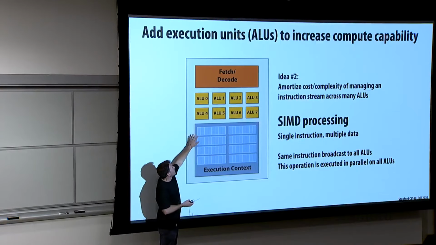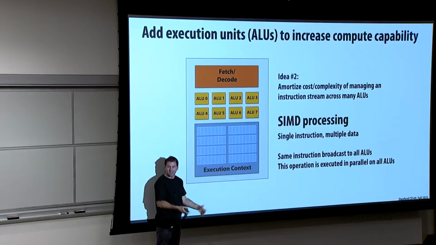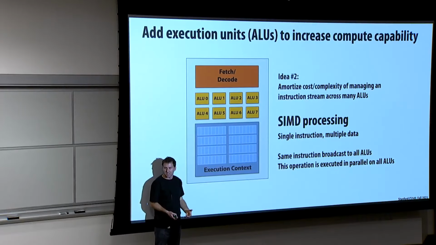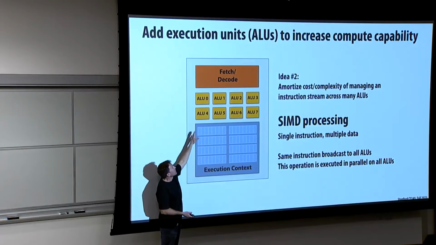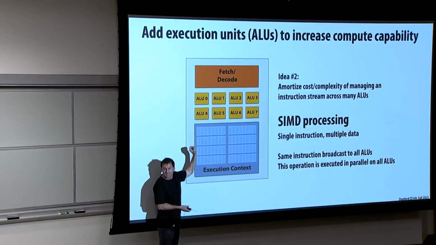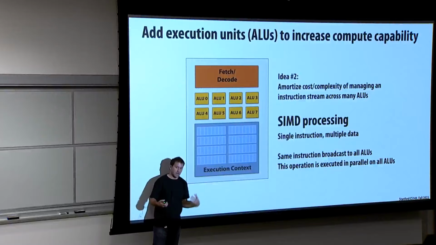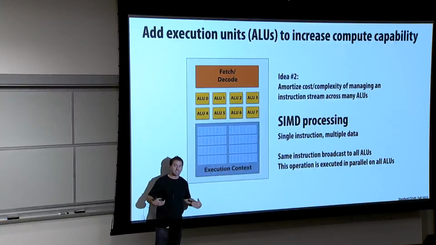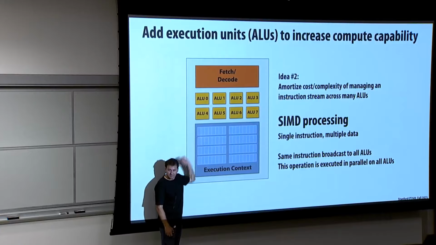What's going on is we're amortizing a lot of the costs of controlling or processing an instruction stream over these 8 execution units. Like in my cartoon diagram, notice that there's still 1 fetch and decode unit. You still do, what's the next instruction? Okay, that instruction, great. Now you're just going to run that instruction on vector registers with my vector of ALUs.